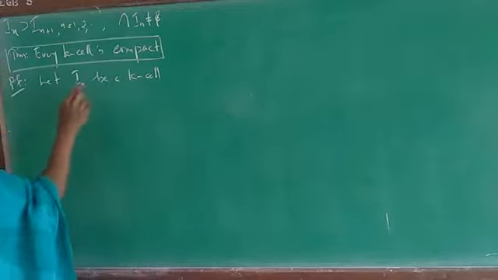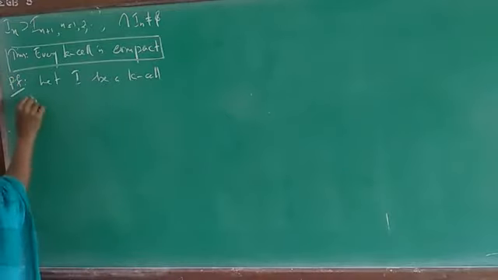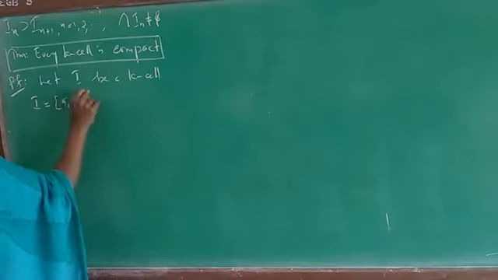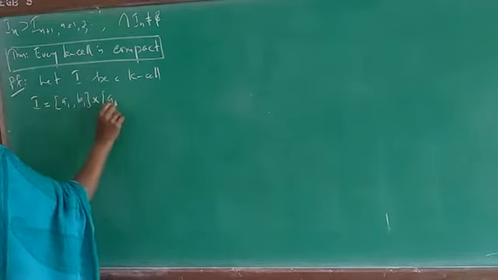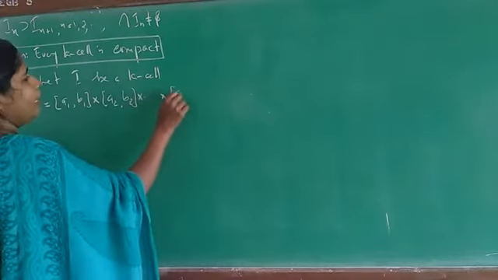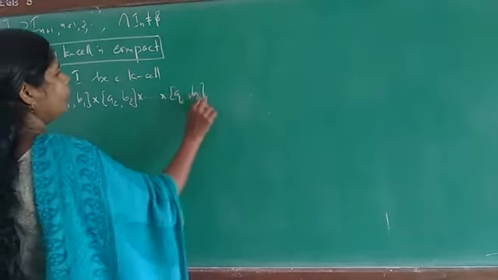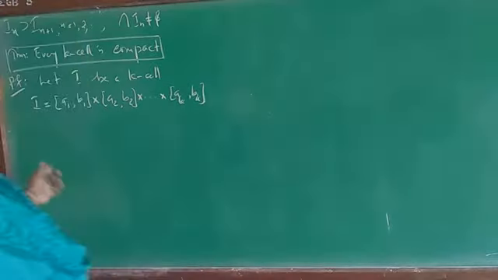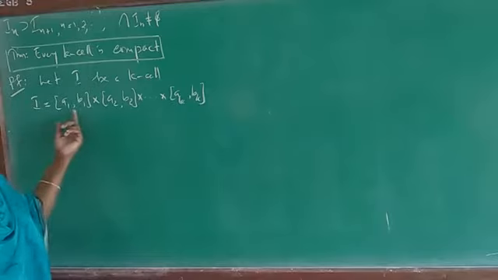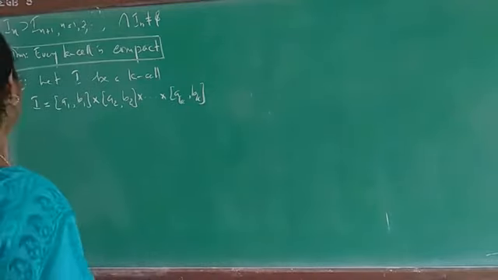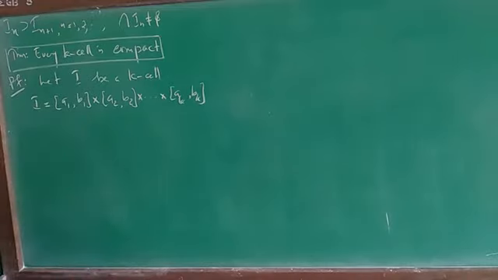Being a K cell, I can be expressed as [a1, b1] cross [a2, b2] cross etc. [ak, bk]. Because there are restrictions on each component, it is bounded below and bounded above by some real numbers. So this is our K cell I.